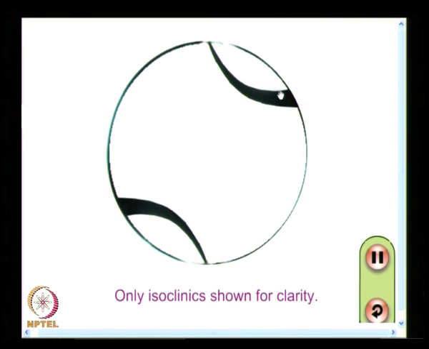So, initially I have only isoclinics drawn, and you find this is the reference axis, and this is the orientation of principal stresses at the point of interest. The length of the vector indirectly indicates its magnitude. What is attempted to be shown here is, sigma 1, sigma 2 can have different values, the orientation remains constant.